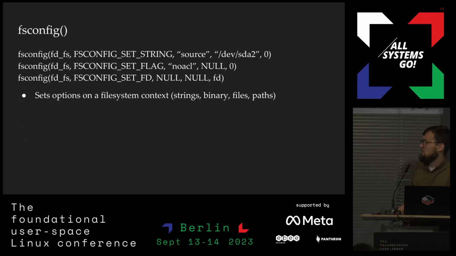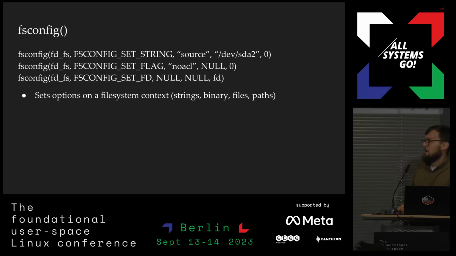The second one is a flag, in this case noacl, which would turn off ACL depending on whether or not the file system supports this mount option. And the last one is a way to also set file descriptors, which is currently not very actively used because a lot of file systems have not yet been converted over.